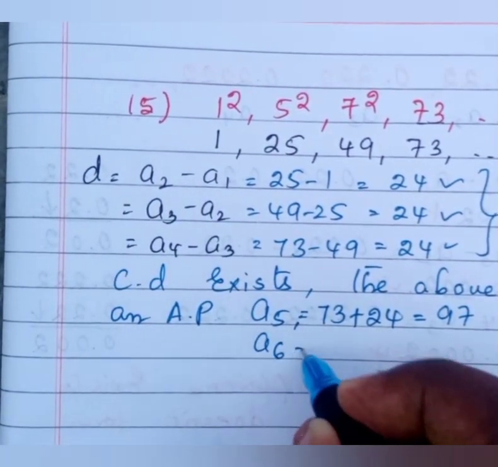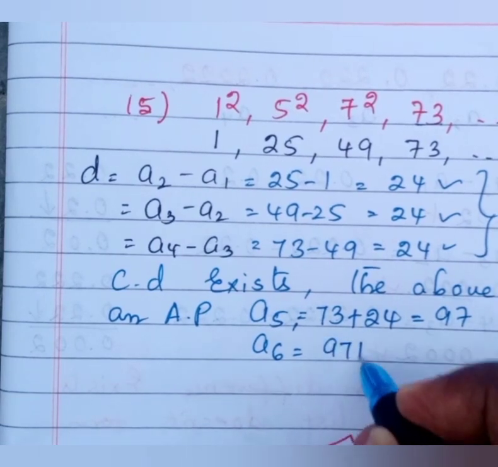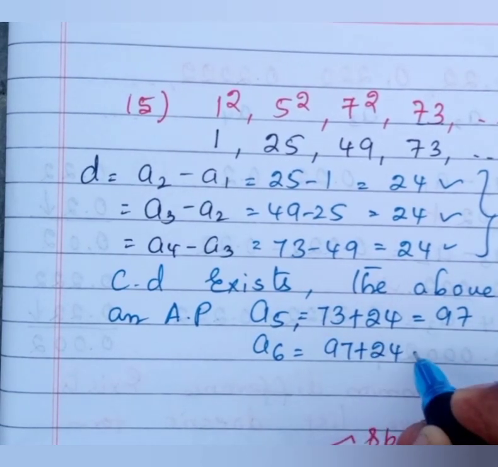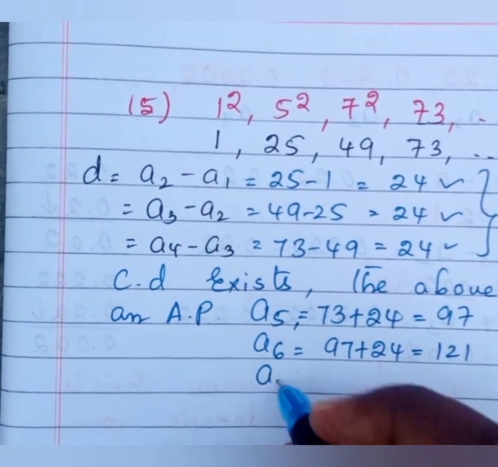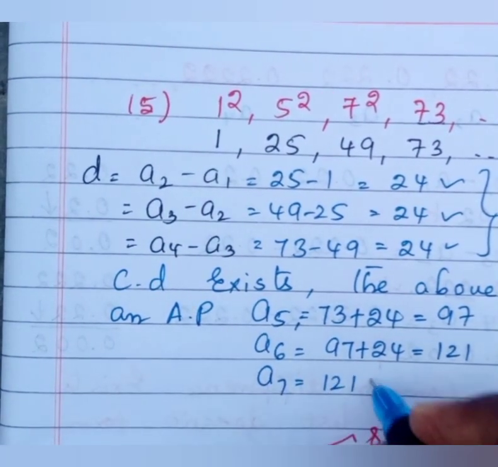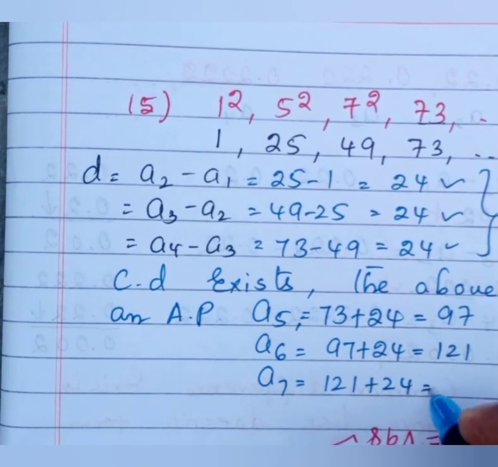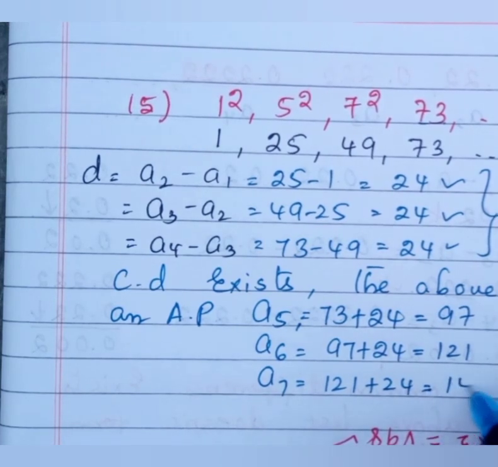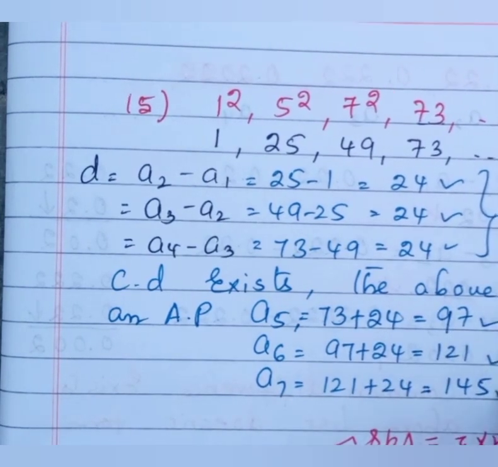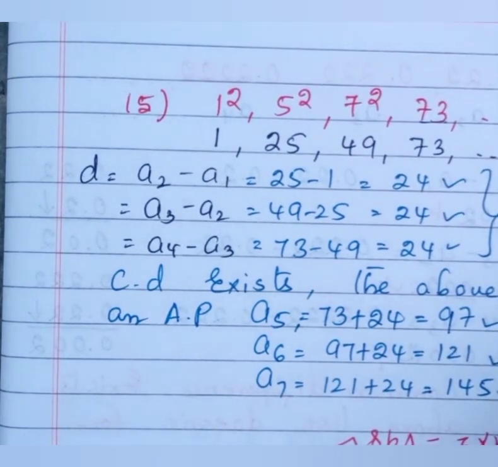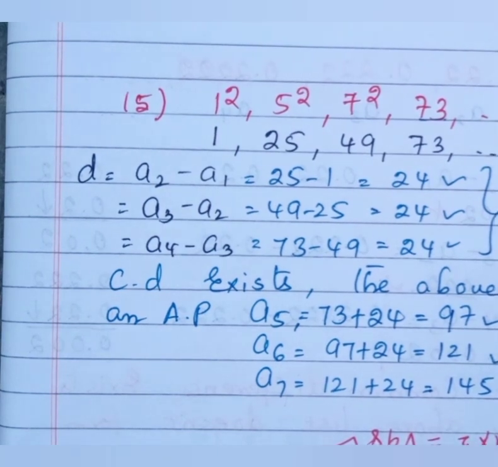Now a6 equals a5, that is 97 plus 24, which will give you 121. The same way, a7 equals 121 plus 24, which will give you 145. These are the required next 3 more terms: 97, 121 and 145.